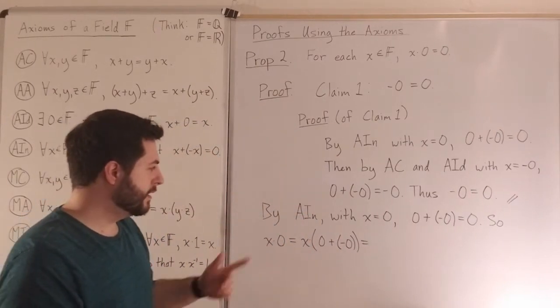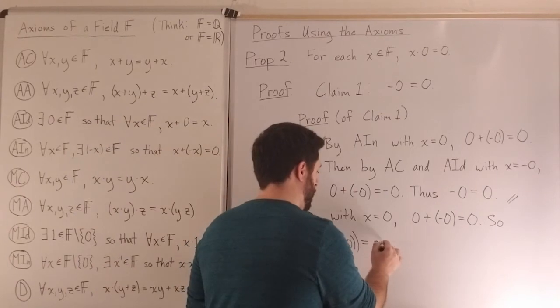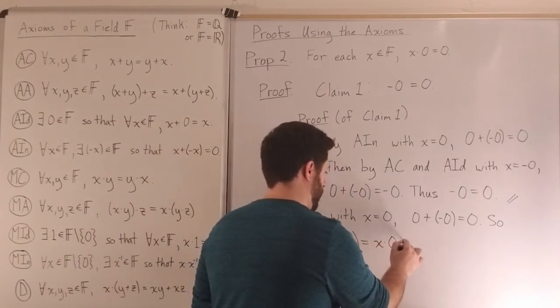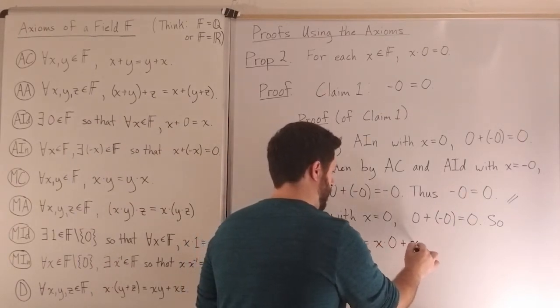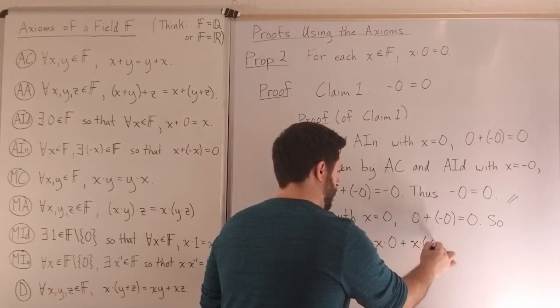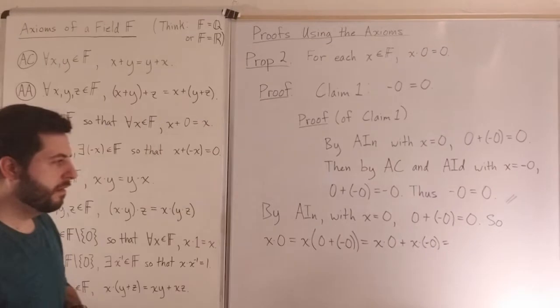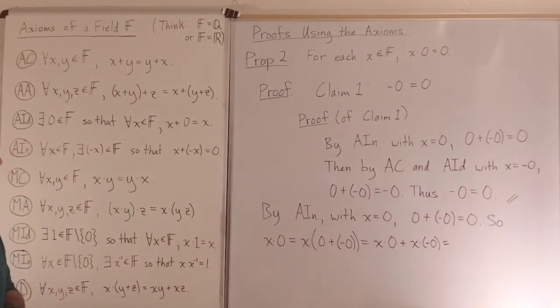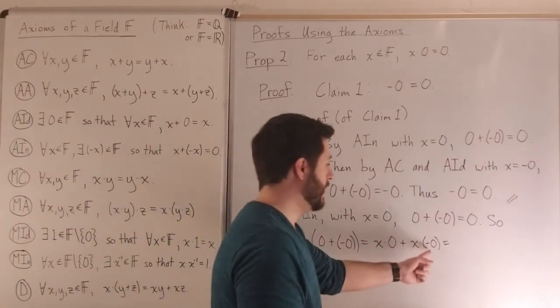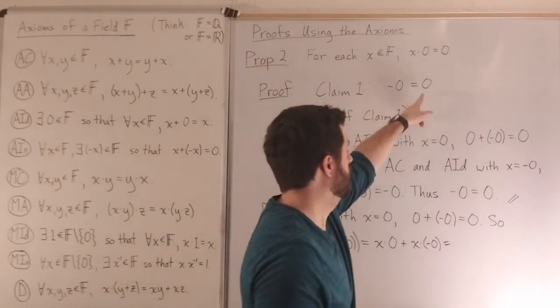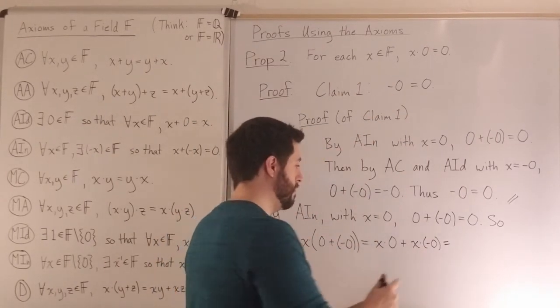And now I'm going to distribute in. Okay. Now I'm going to use the property that negative 0 is equal to 0 and replace this negative 0 with 0.